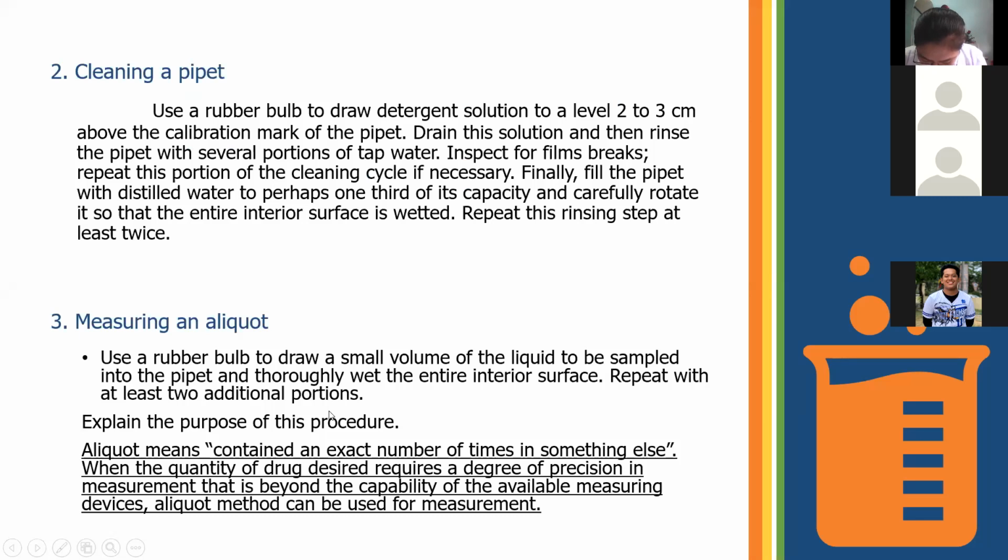Then, if necessary, we repeat this cycle 2 to 3 times para mas make sure walay mga problems, walay mga buak. Then finally, we fill the pipette with distilled water to perhaps one third of its capacity and carefully rotate it so that the entire surface is wetted.